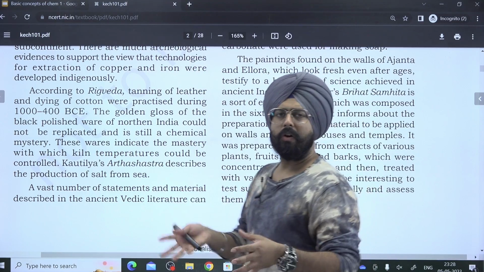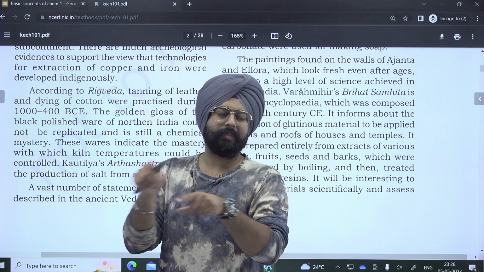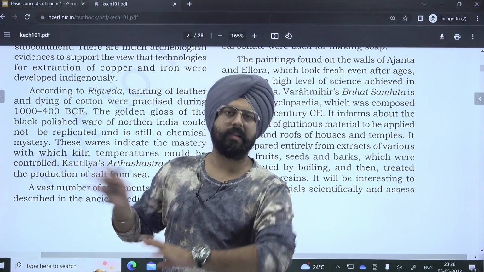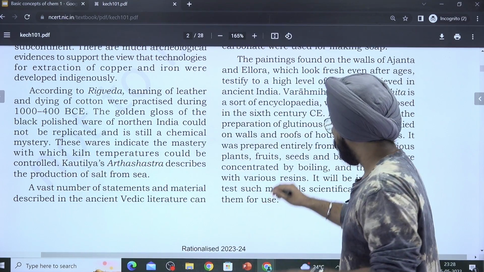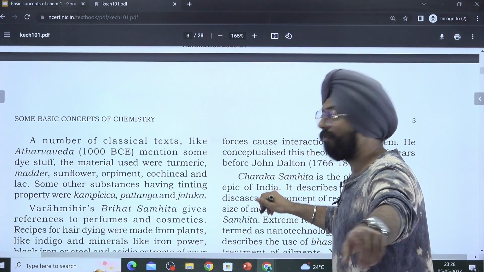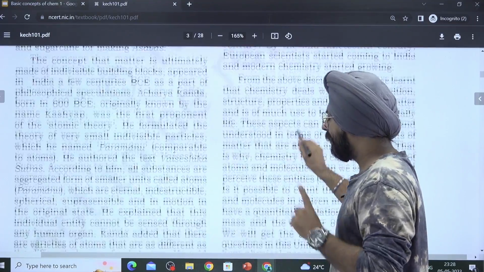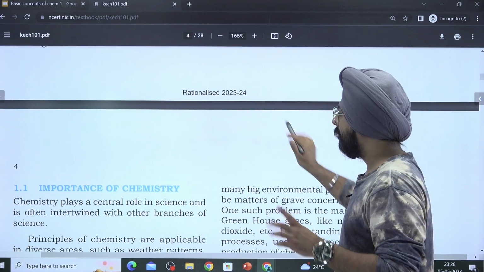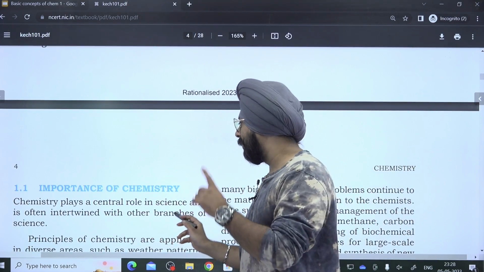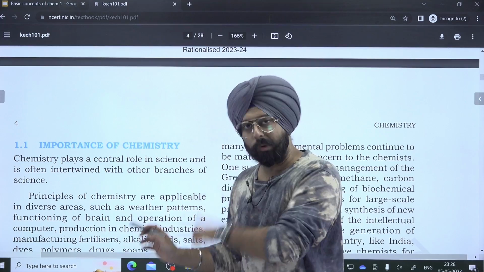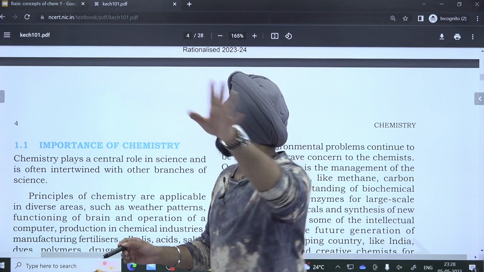You can go on google.com, search for basic concepts of chemistry, NCERT PDF, you'll get this for free. Okay, so make sure you check it out, and you have to read it along with me while we are doing this particular chapter. Okay, बहुत ही मजेदार तरीके से बताया हुआ है. They've told it in a very interesting manner. So showing you because it's important for you to read it.